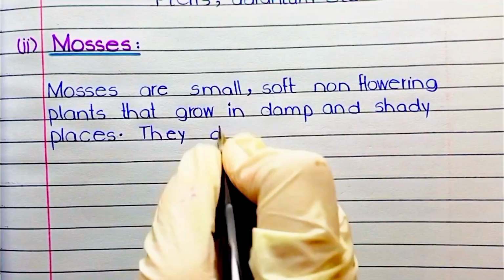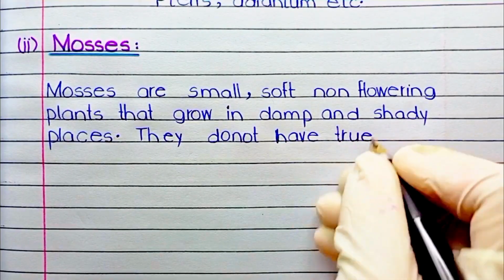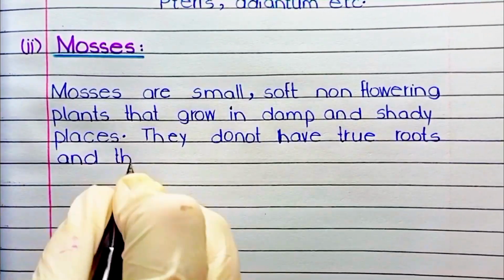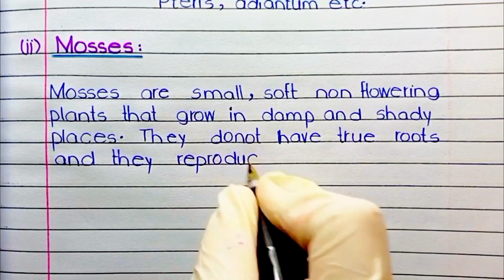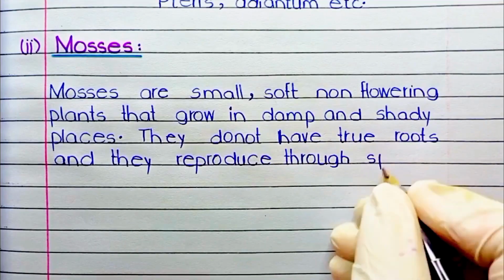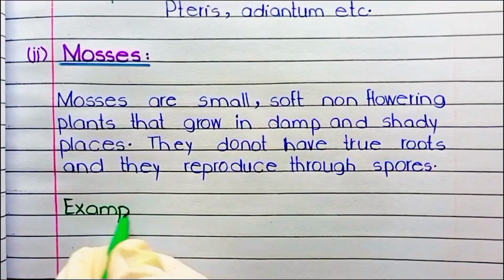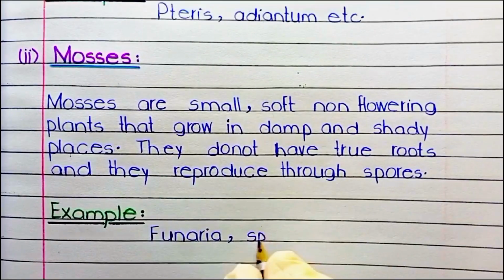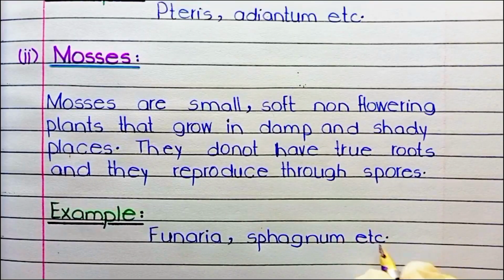They do not have true roots and they reproduce through spores. Examples of mosses are Funaria, Sphagnum, etc.